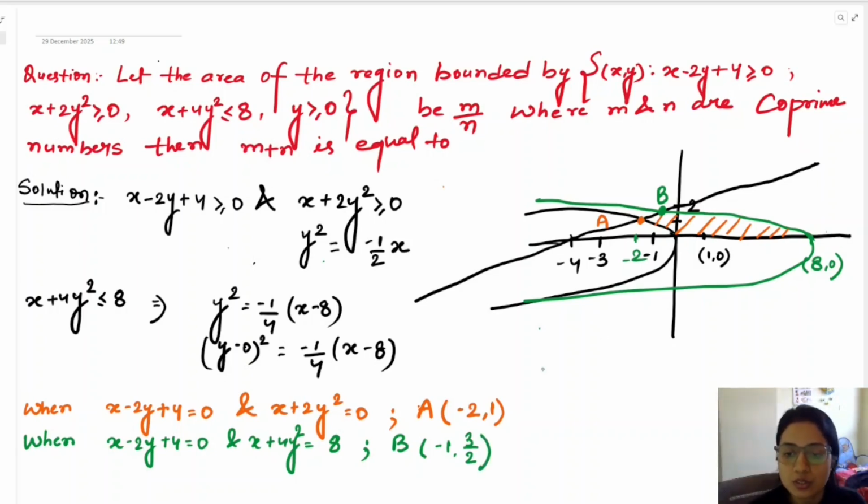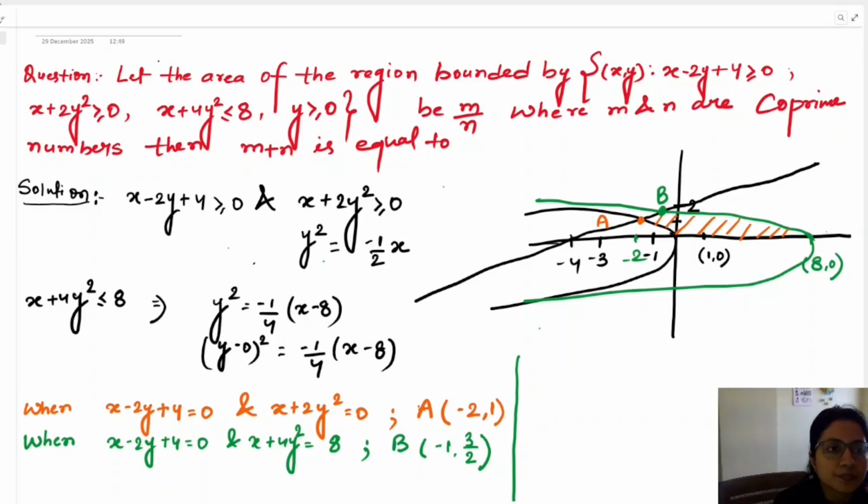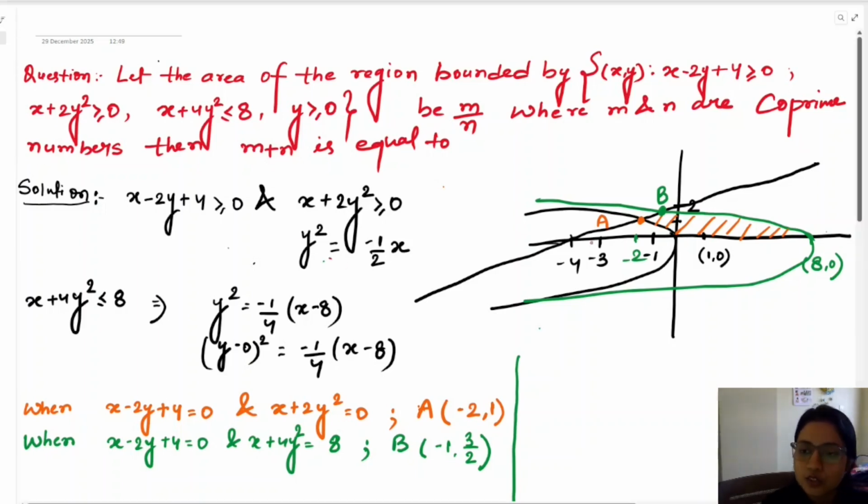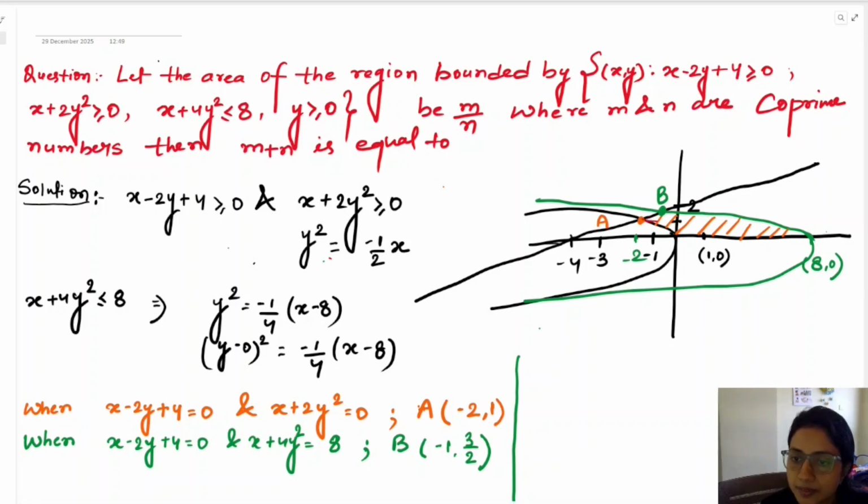Now integration. Here if you take a horizontal strip along the y-axis, let me draw the horizontal strip. If we take the strip like this, from A, see carefully, this region we can divide into two parts.